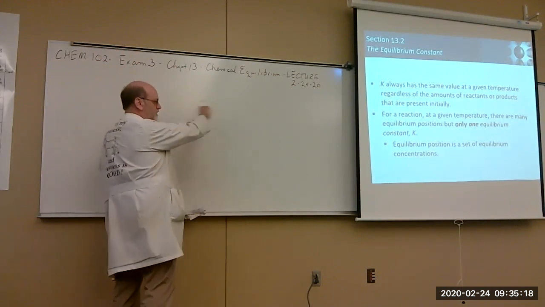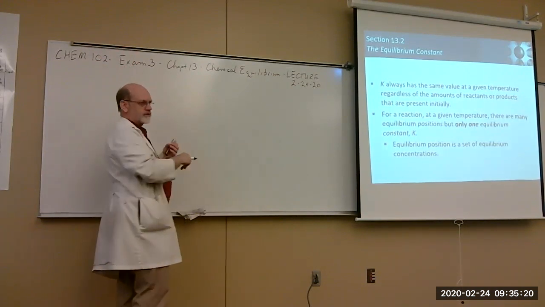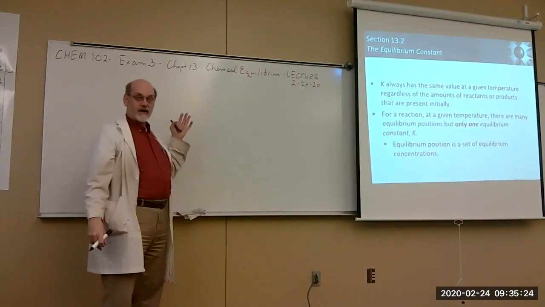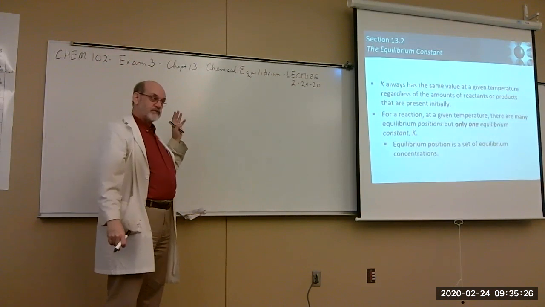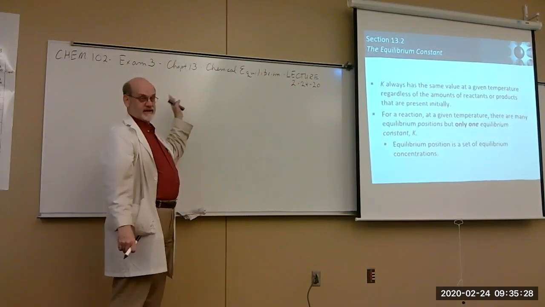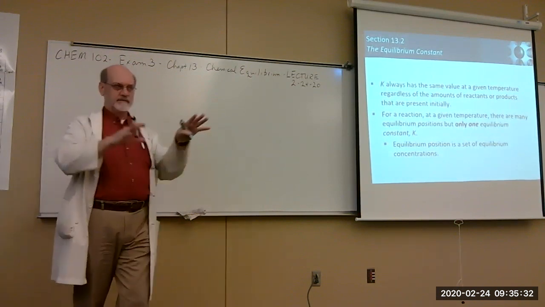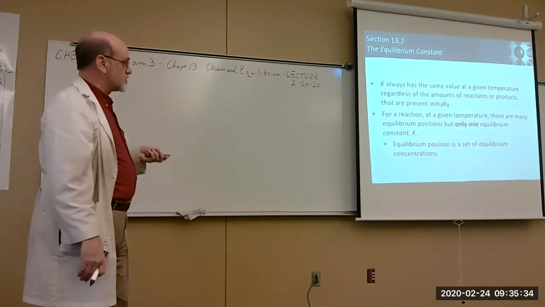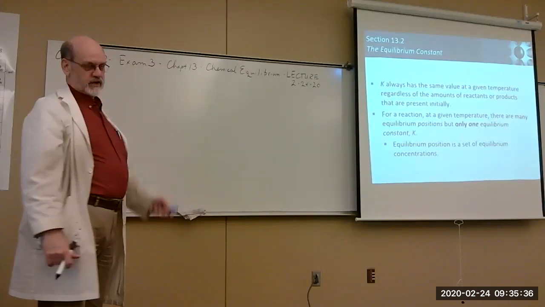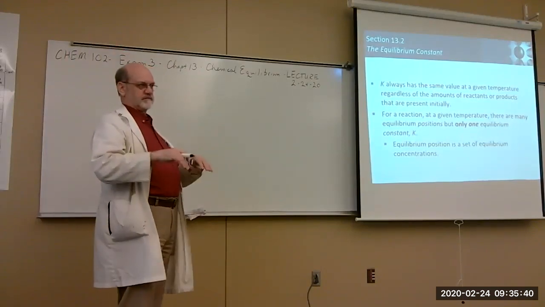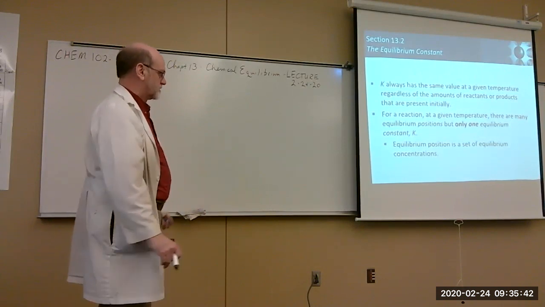You're speeding the rate forward and the rate reverse up, but the forward and the reverse rates now may not respond the same way. So that changes the balance. So anytime you change the temperature, the K value changes. If the temperature is constant, K is constant. It does not change.